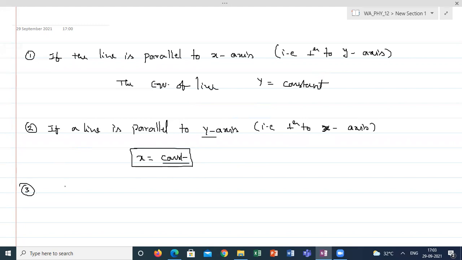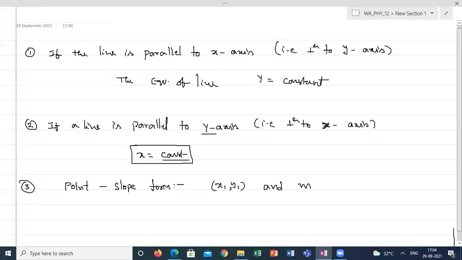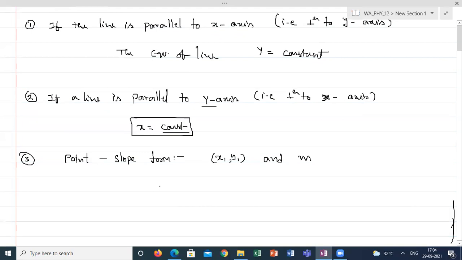So the next one is the equation having a given data as point and slope form. Find the equation of a line passing through (x1, y1) and having the slope m. We know m is equal to (y2 minus y1) by (x2 minus x1).